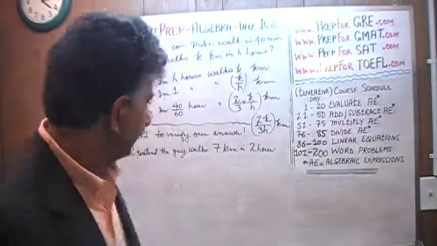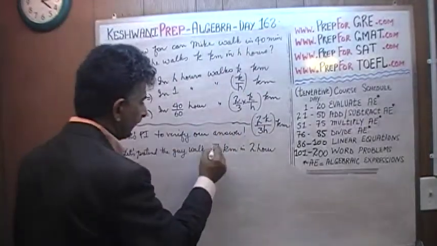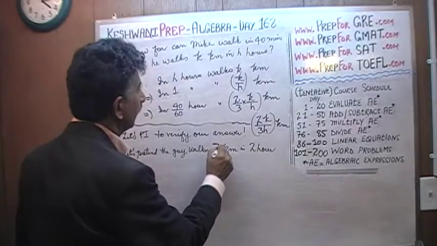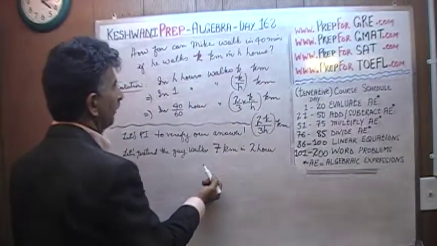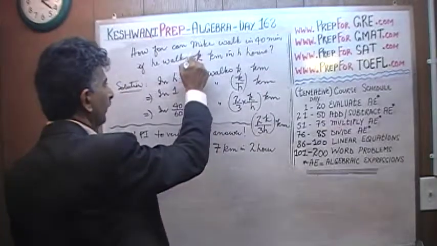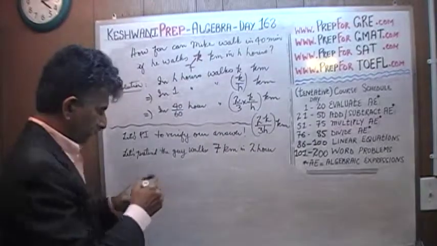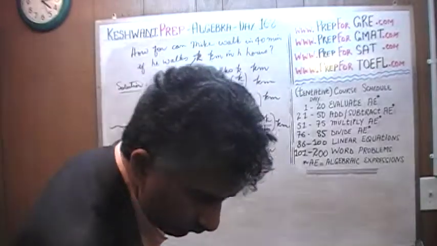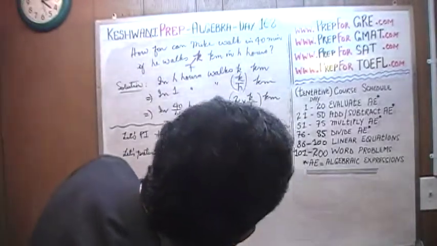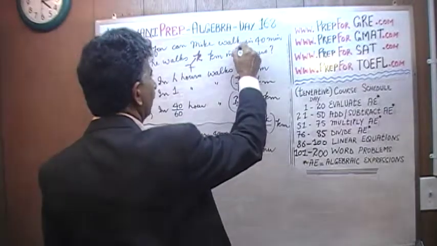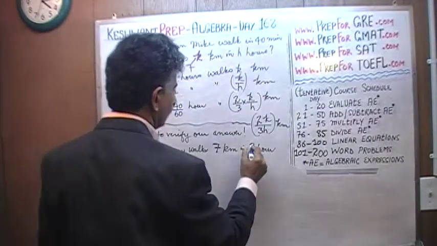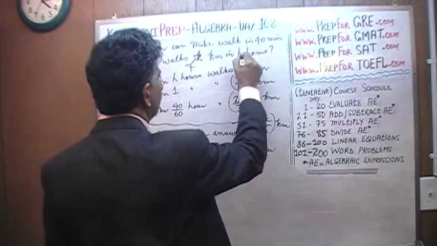This 7 is your k kilometers. So what we're plugging in here is 7 for k. And 2 hours is our h hours. This is your 2. So h equals 2.